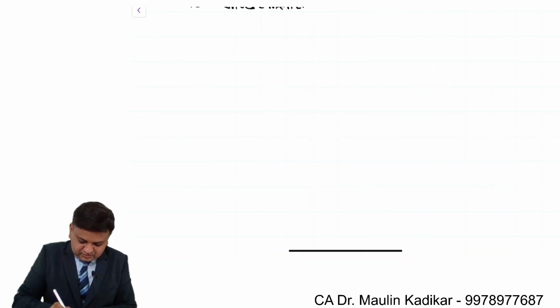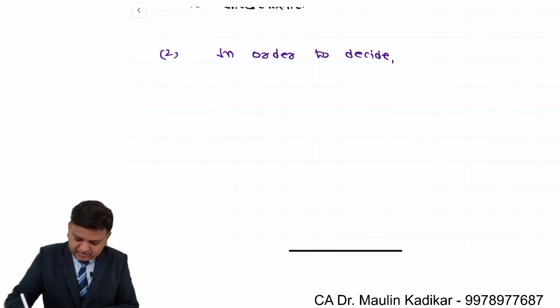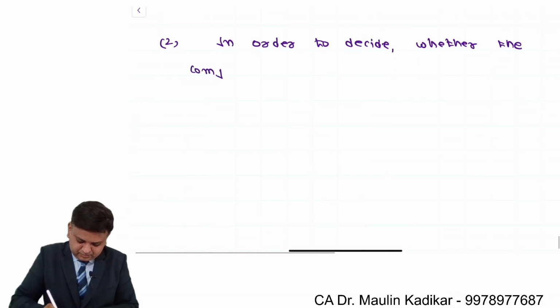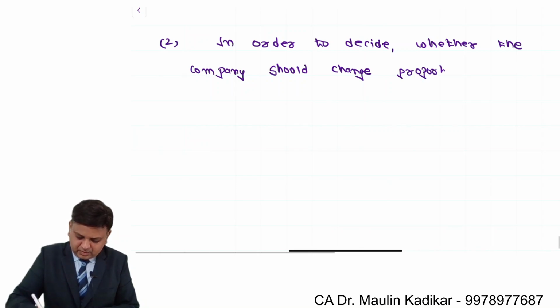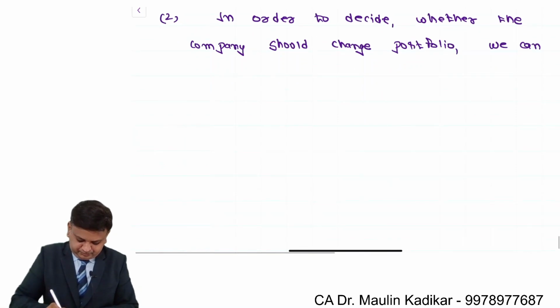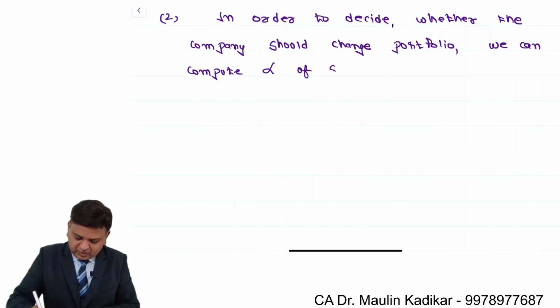Answer for the second part of the question, write down: in order to decide whether the company should change the portfolio, we can compute alpha of security.